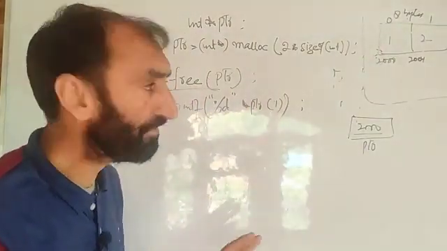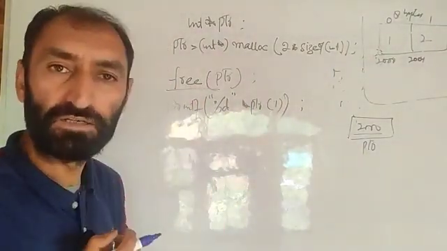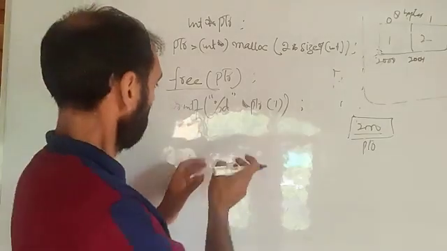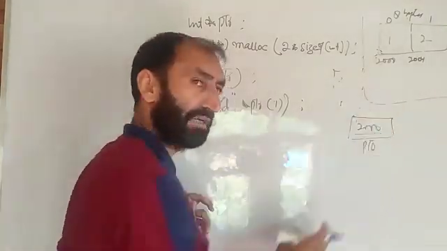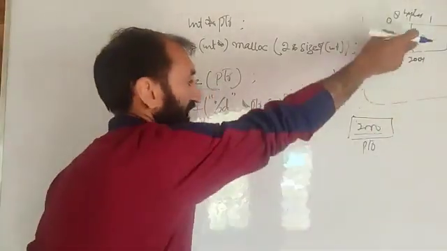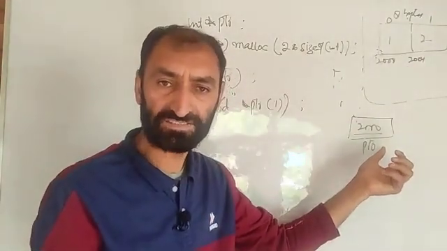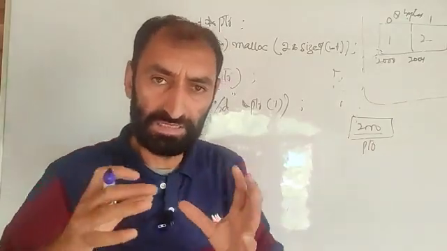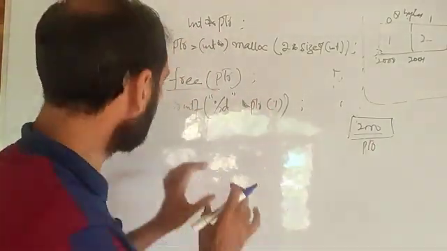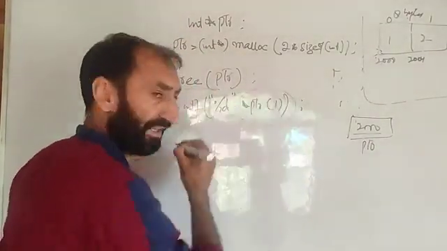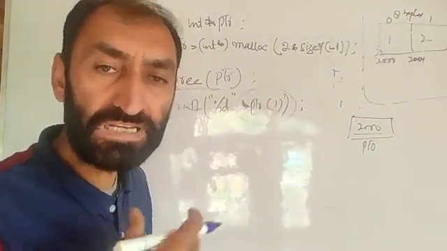No, because it will show me some undefined behavior, because this PTR is not pointing to that location. It now acts as a dangling pointer. So it is not allowed to use this indirection operator after freeing the pointer.